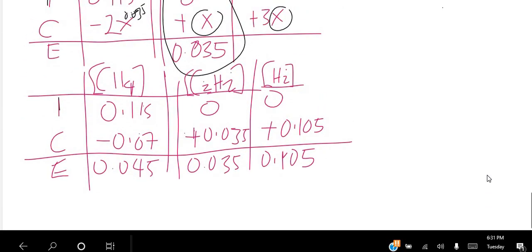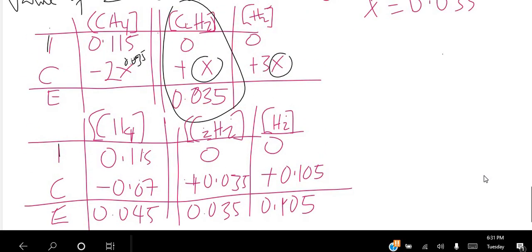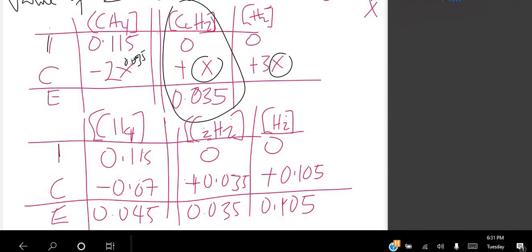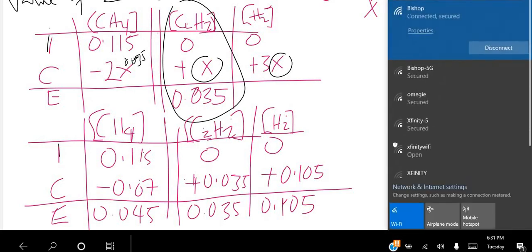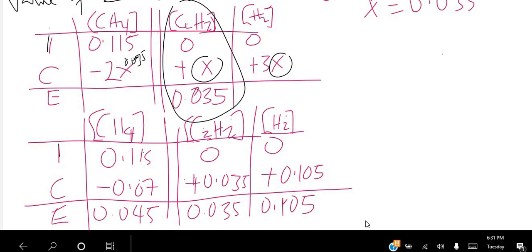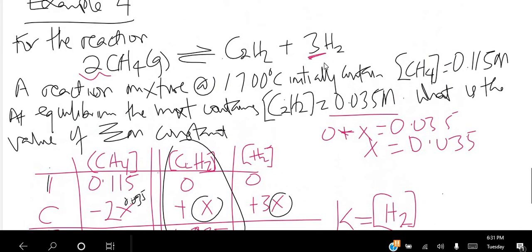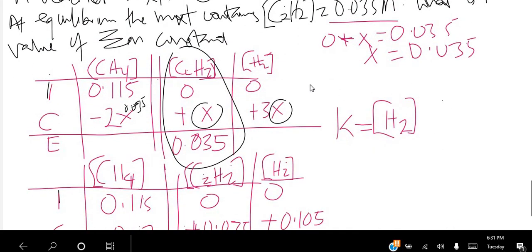So the next thing we do is find the equilibrium expression. So our K is going to be the concentration of hydrogen. And remember, in our original equation, hydrogen is 3, so we're going to put it this way.